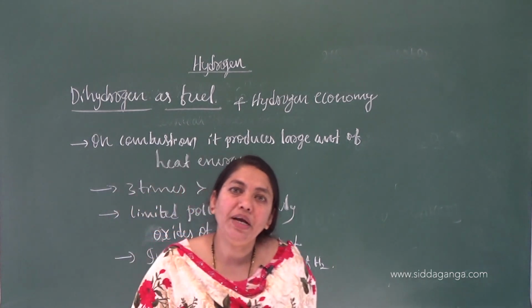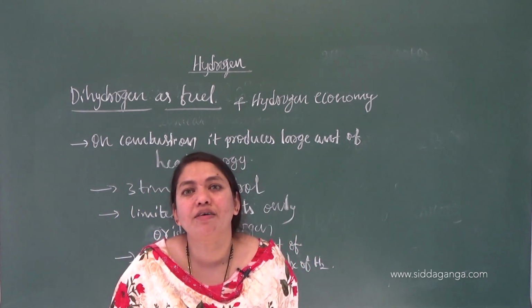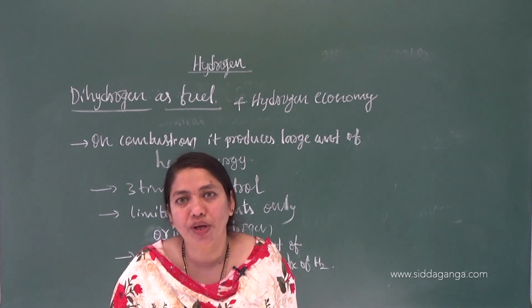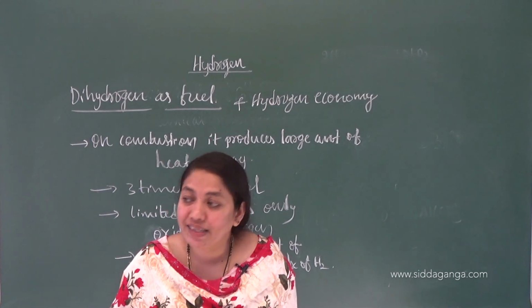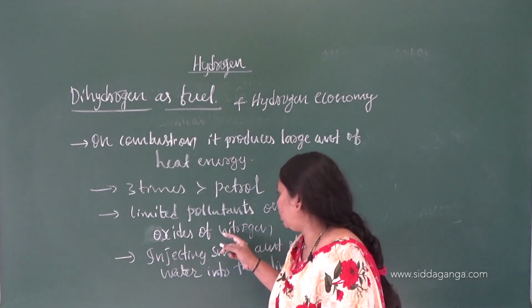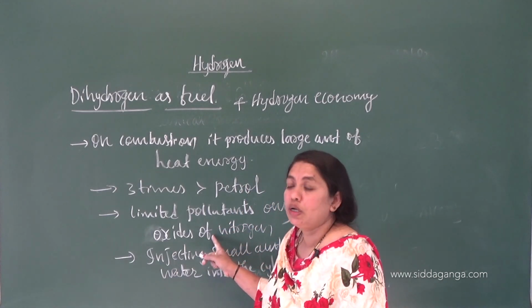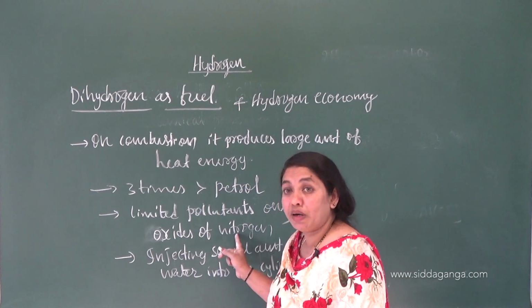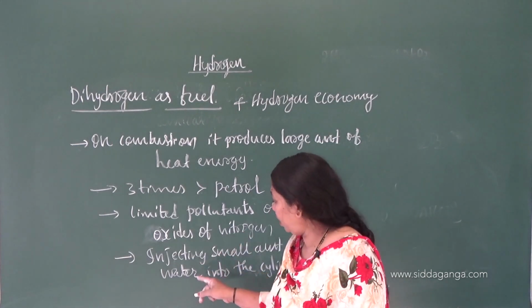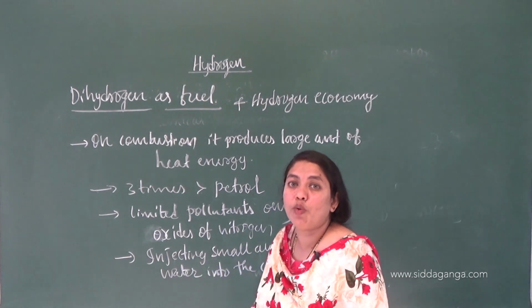So, limited pollutants or no pollutants at all in the case of hydrogen. If you use hydrogen as a fuel, there will be no pollutants, but the pollutant associated with dihydrogen is oxides of nitrogen, which can be overcome by injecting a small amount of water.